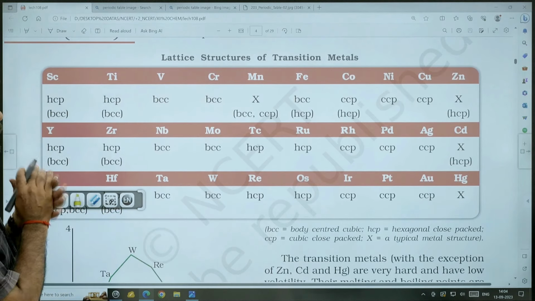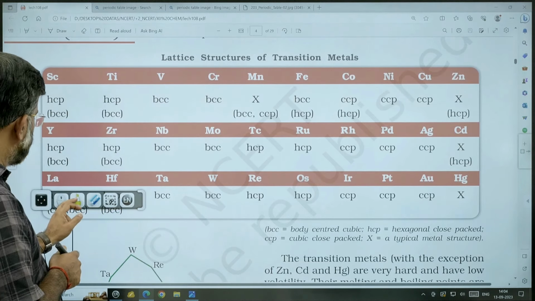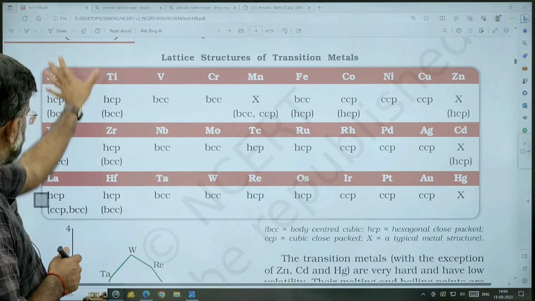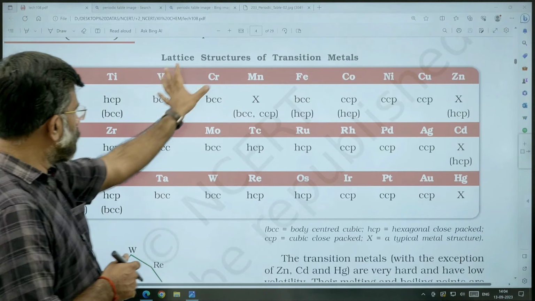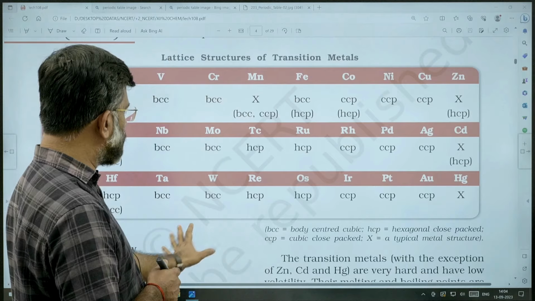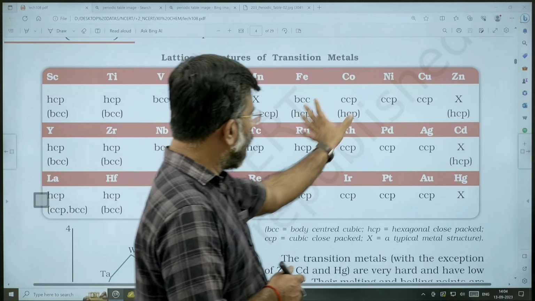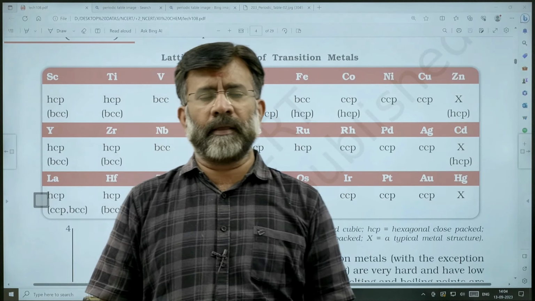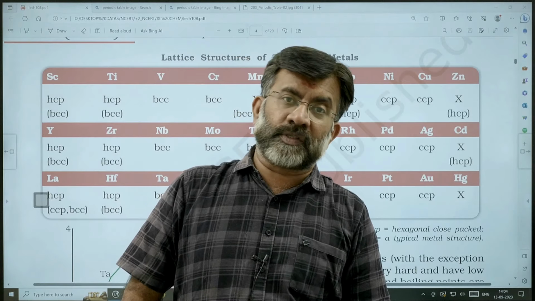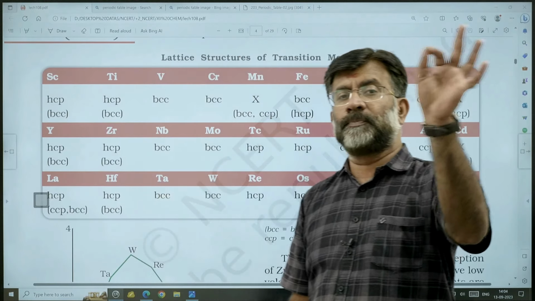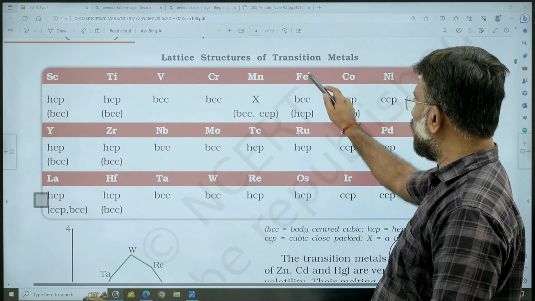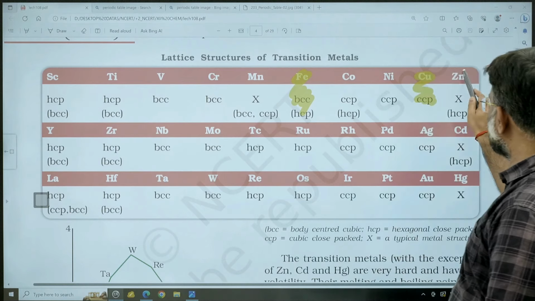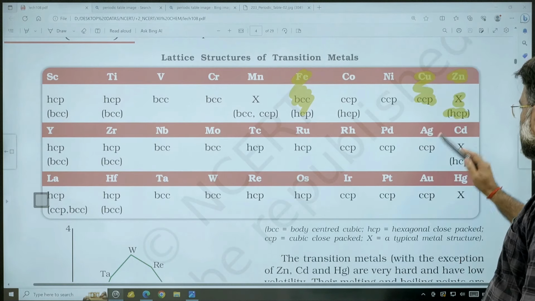elements, how their crystalline structures are available. For example, if you take up this part, you can find these two groups, mainly HCP. Coming to these 2-3 groups, mainly BCC. Here also BCC, HCP, and all here it is CCP. Like that, you can get a fair picture regarding how their crystal systems are coming, particularly for the most popularly known elements like iron, BCC, HCP, copper, CCP, zinc, typical metallic structure with somewhat HCP.